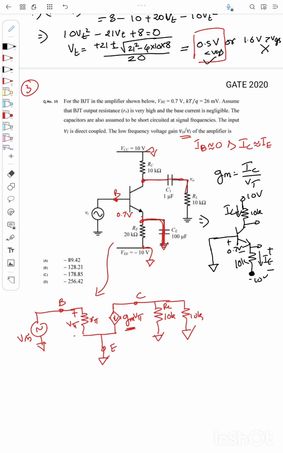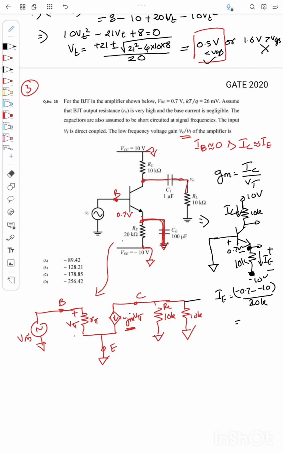So what is the voltage across this resistance? The voltage at this node minus this node. If you see here, the voltage at this node is minus 0.7, and at this node is minus 10. So IE will be equal to minus 0.7 minus minus 10, that is the voltage across it, divided by the resistance, which is 10k, so this is not 10, this is 20k.